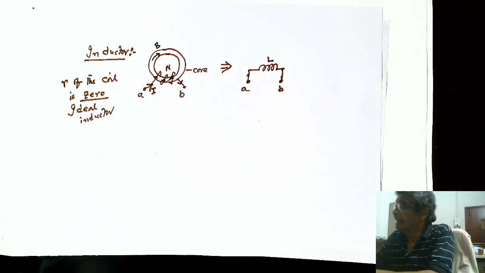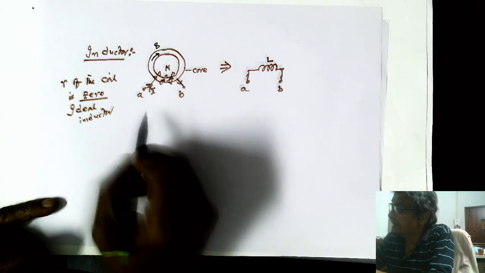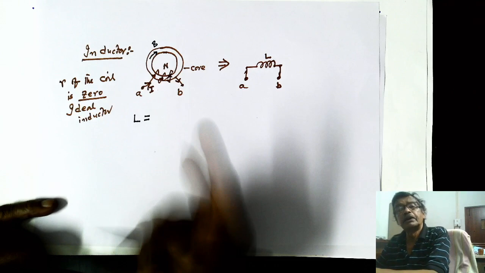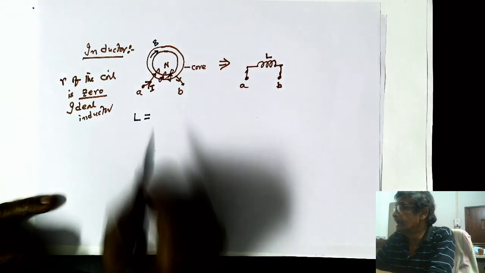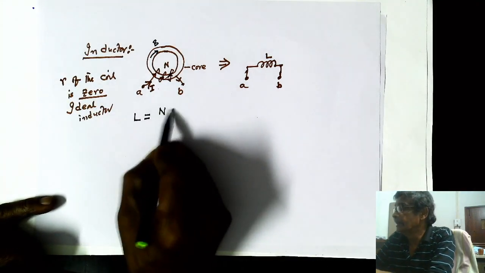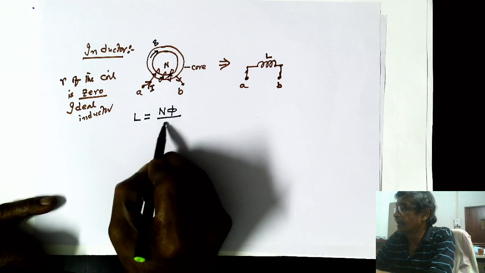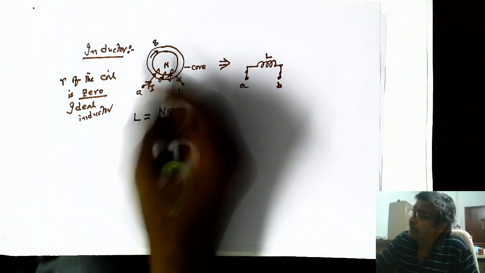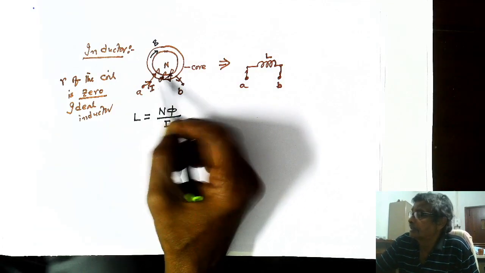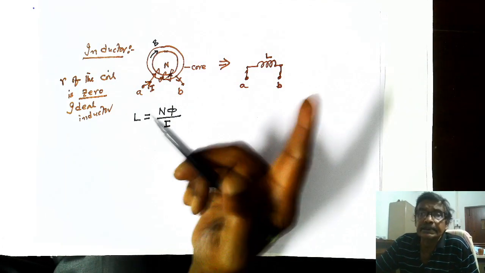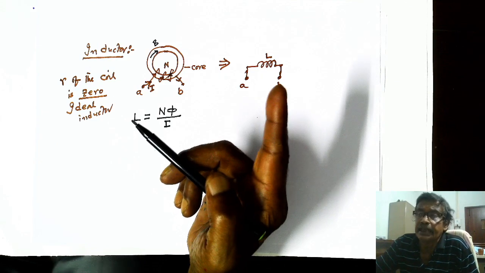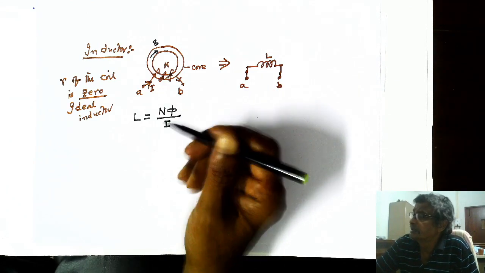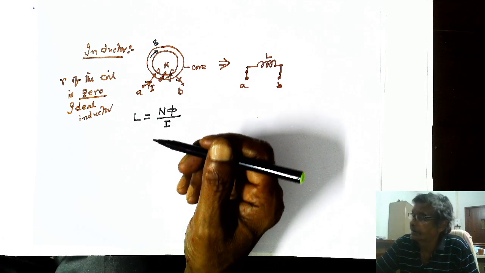In any case, now inductance value L is defined as the flux linkage per unit ampere, that is N phi by I. Per unit ampere, how much flux is produced, that into number of turns present is inductance, and its unit is Henry. If phi is in Weber, I is in ampere, etc.